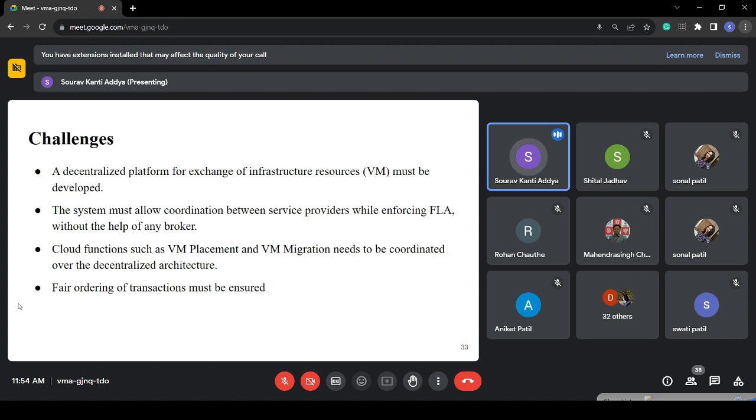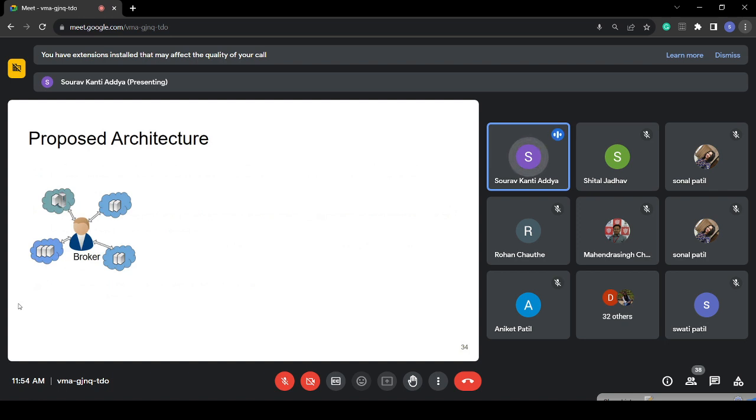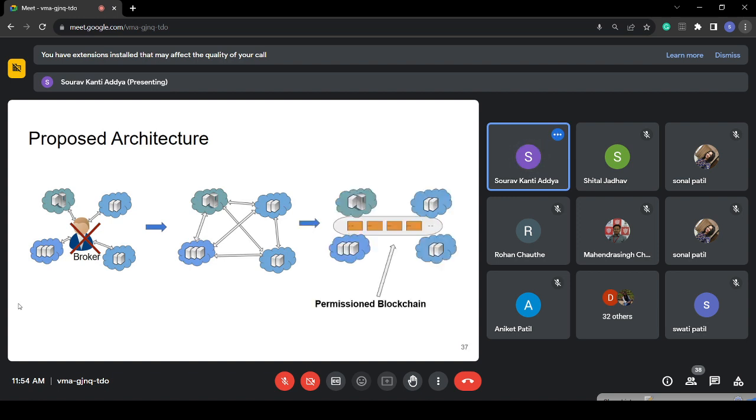Fair ordering of transactions must be ensured. So our proposed architecture is to delete this person, and it can be something like that. You can understand that we can straightforwardly use blockchain to solve the problems that multi-cloud architecture or federation is facing.